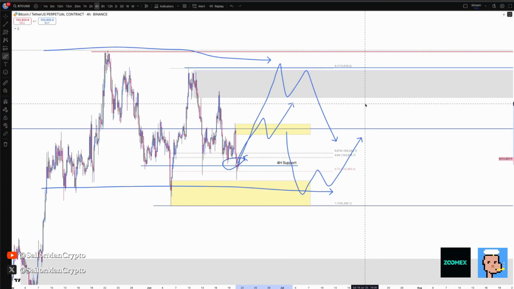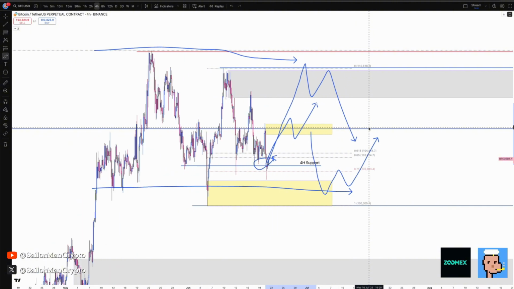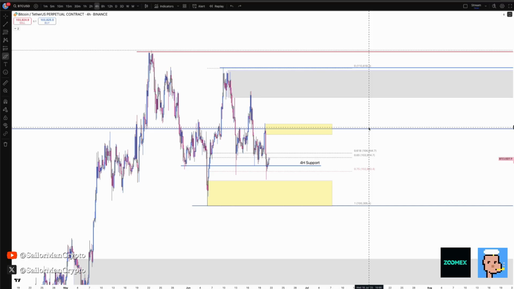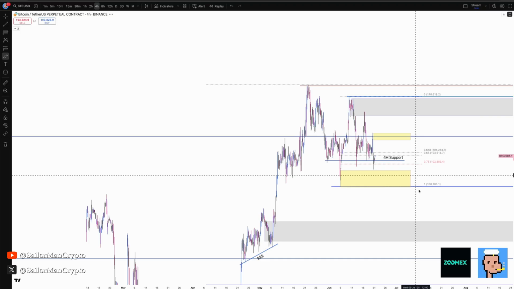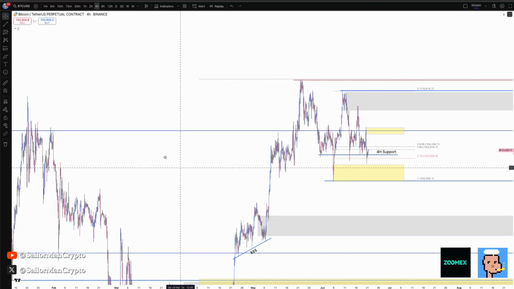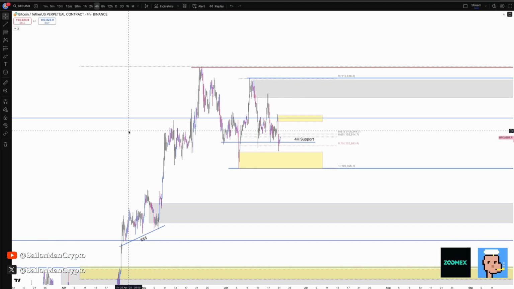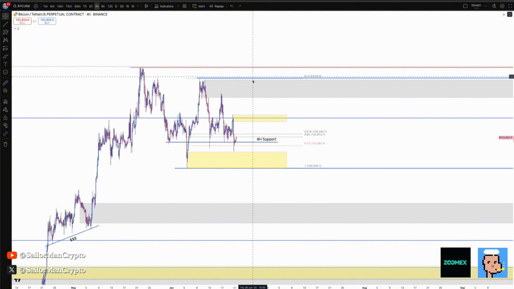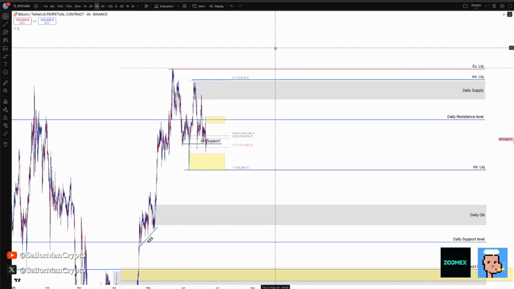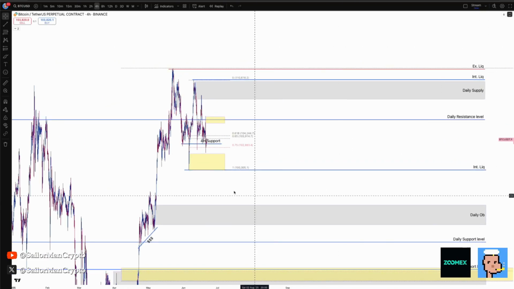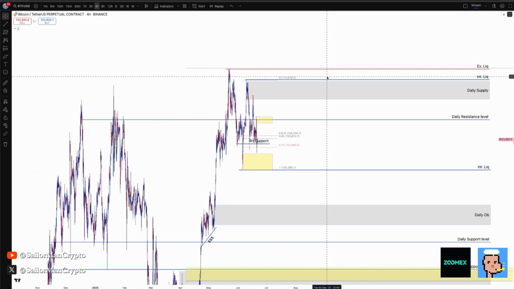So why are levels important? They are important because, in combination with an understanding of structure, ranges, and moves, you map levels where you are relaxed, you wait for this level to be visited, and you try to adjust your bias or your trading position according to the reaction of the price at the levels you see. Whenever you reach liquidity, fresh liquidity, as we say here, we potentially look for a reversal.